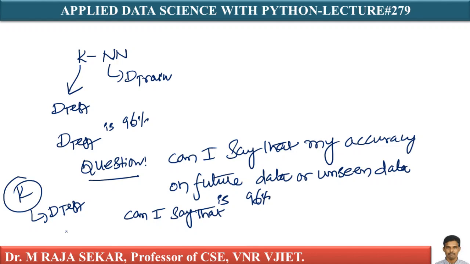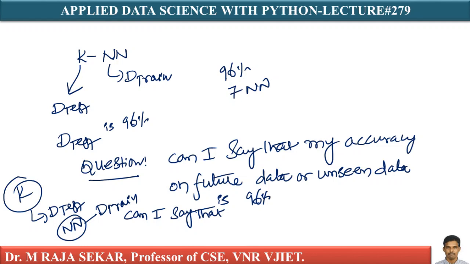To determine NN, we used D-train, isn't it? Now on your test data set, that is on D-test, I agree you will get 96% accuracy when using 7NN. This number 7 I derived from the test set, isn't it?